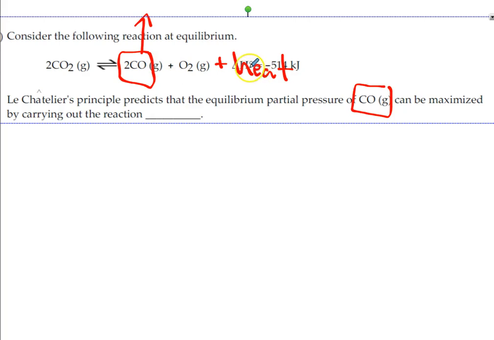We could make it go up by decreasing the pressure, because there's 3 moles here and 2 moles here. We can make this go up by increasing CO2, or by decreasing O2. Those are all of your options. Le Chatelier's principle is gold for a test question writer because there's a million ways to answer.